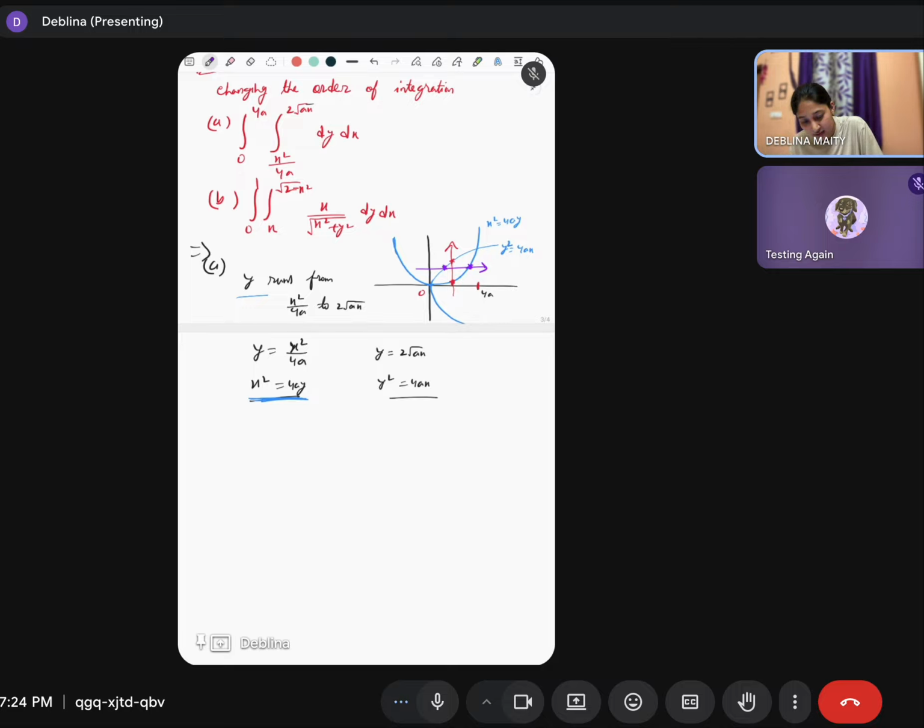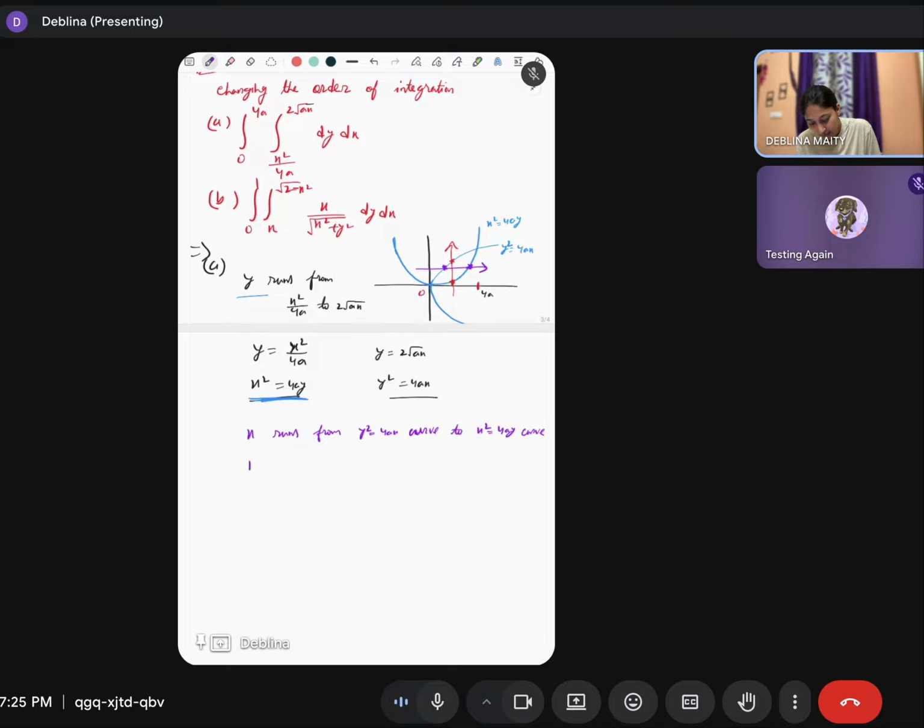This violet line: the first one lies on the curve y square equals to 4ax. So x runs from this curve, y square equals to 4ax, to the curve x square equals to 4ay.